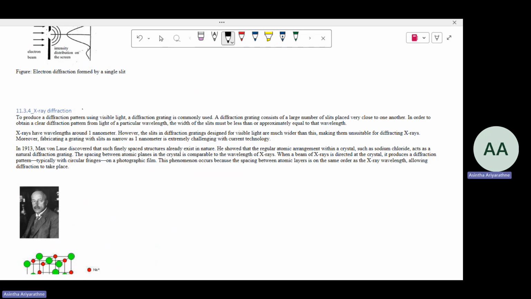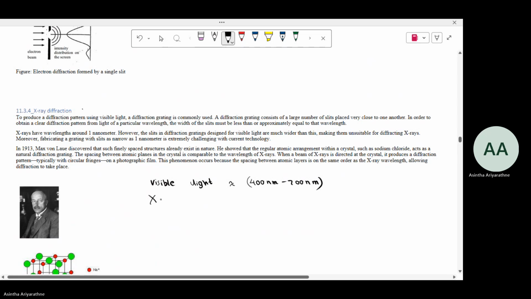Visible light has a wavelength of 400 nanometers to 700 nanometers, whereas X-rays have around 1 nanometer of wavelength, which is very small.